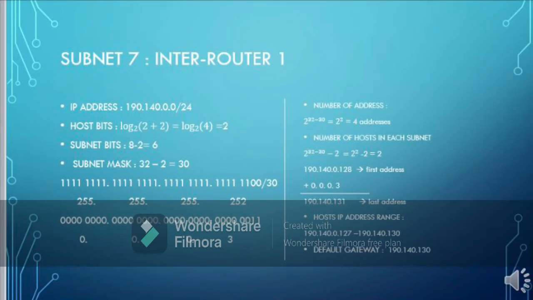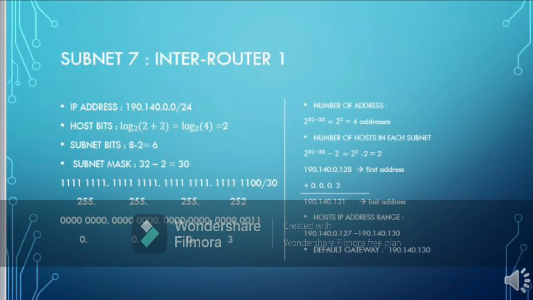And then convert the ones and zeros so we can get the wildcard, which will be 0.0.0.3 when we convert it into decimals. So for the number of addresses, we have 2 power of 32 minus 30, from the subnet mask, and we will get 2 power of 2, which is equal to 4 addresses.